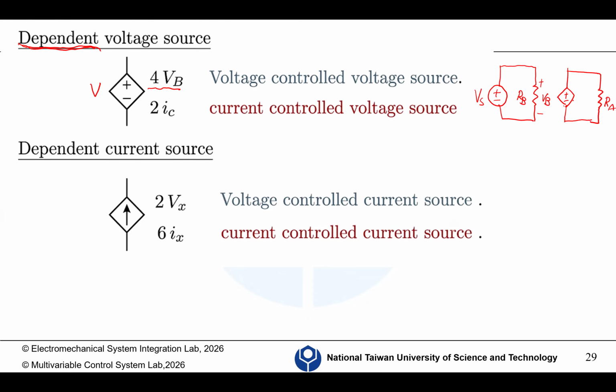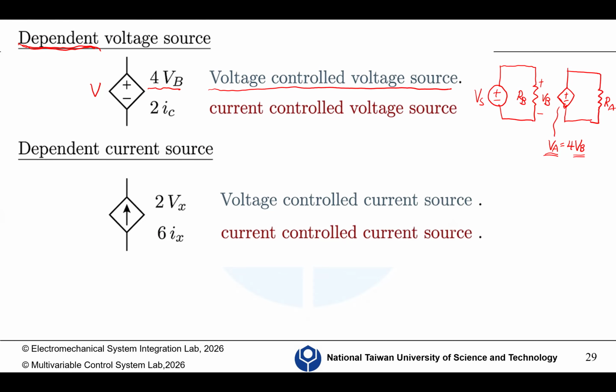We say VA equals 4 times VB. So the voltage output of this dependent voltage source depends on a certain value. In this case, it depends on the voltage across RB. So it's called a voltage controlled voltage source.